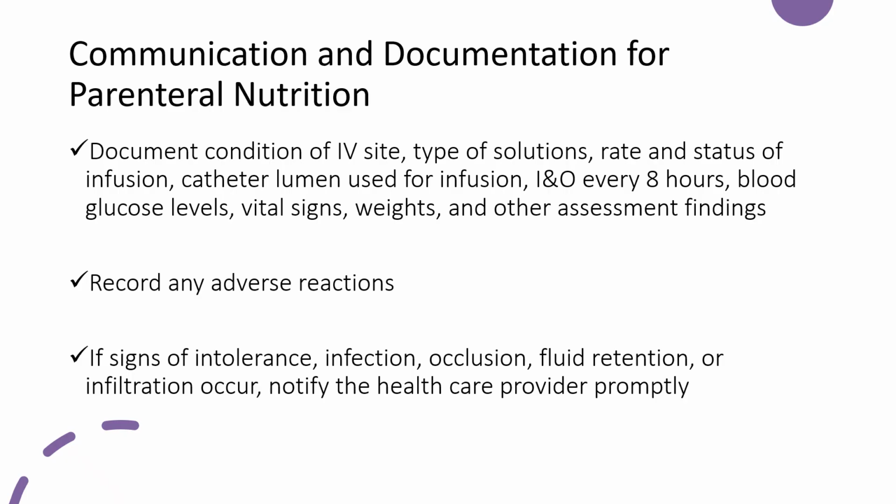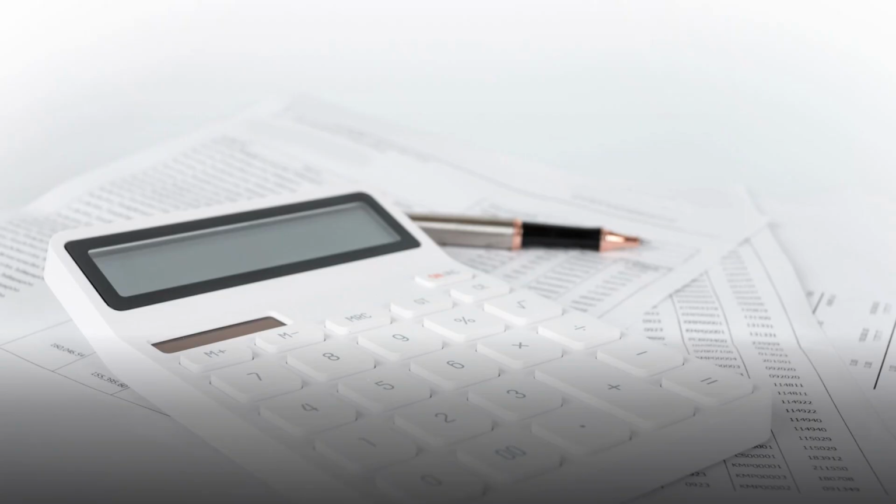You need to report any signs of intolerance immediately, such as infection symptoms, fluid retention, or occlusions. If signs of intolerance, infection, occlusion, or fluid retention, notify healthcare provider promptly.